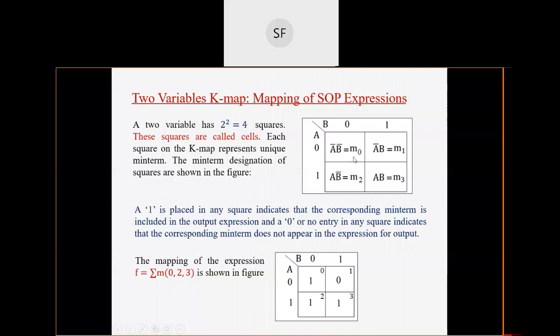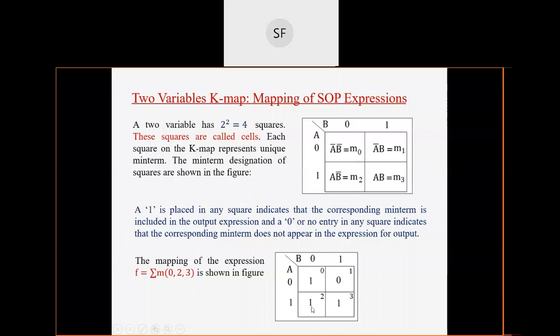You have to keep the value as 1. और अगर वो मिन टर्म आपके आउटपुट फंक्शन में नहीं है, that means you have to put 0 here. So the same thing has been mentioned here, that the corresponding minterm is included in the output expression. If 1 is placed in the square, it indicates वो आपके आउटपुट एक्सप्रेशन में है, and a 0.